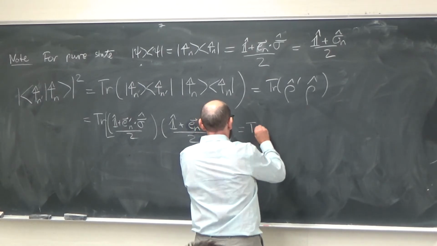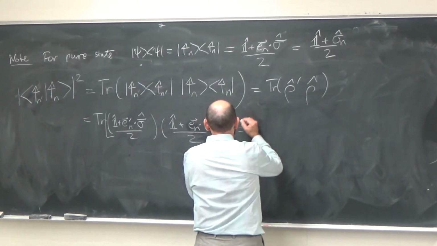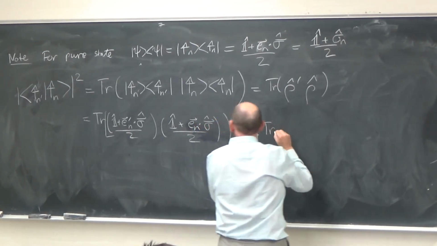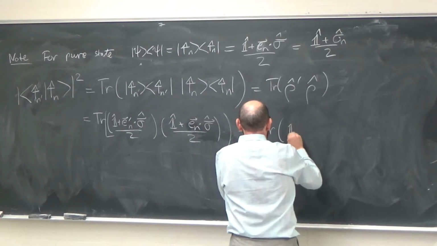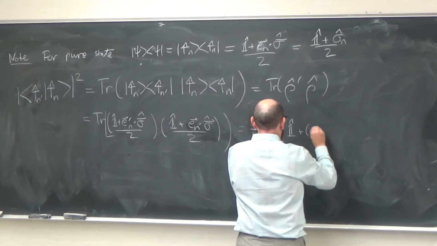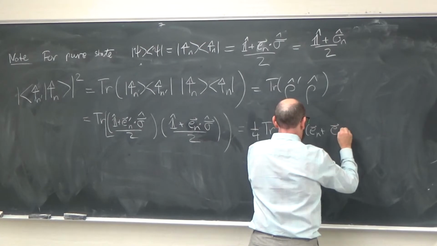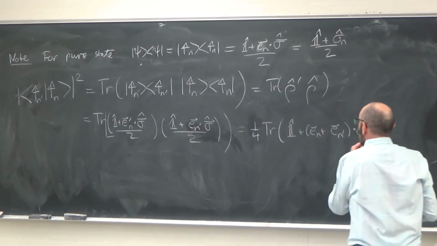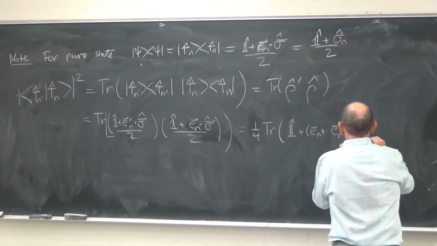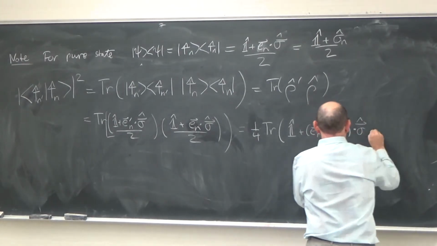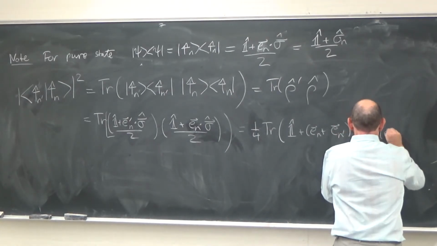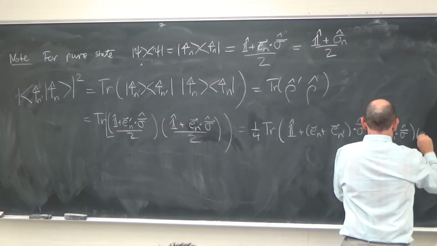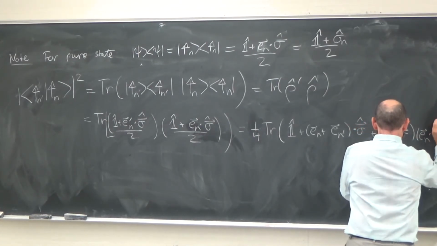That's equal to the trace of, I'm going to bring out the factor of the 4 out here, the trace of the identity plus e n plus e n prime dotted into sigma, plus e n dotted into sigma and e n prime dotted into sigma.